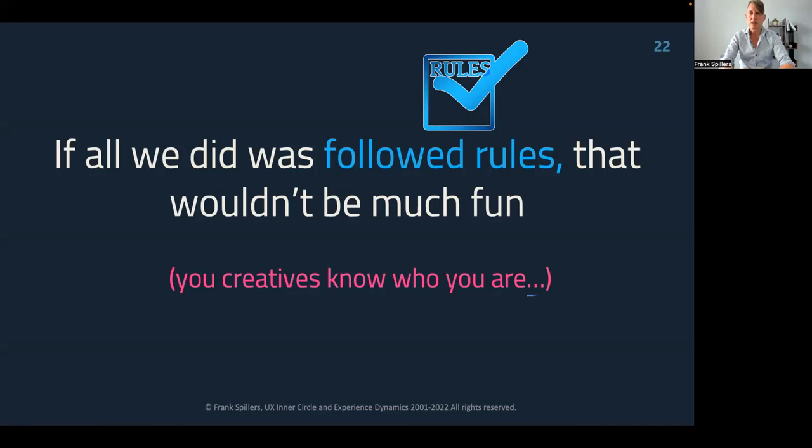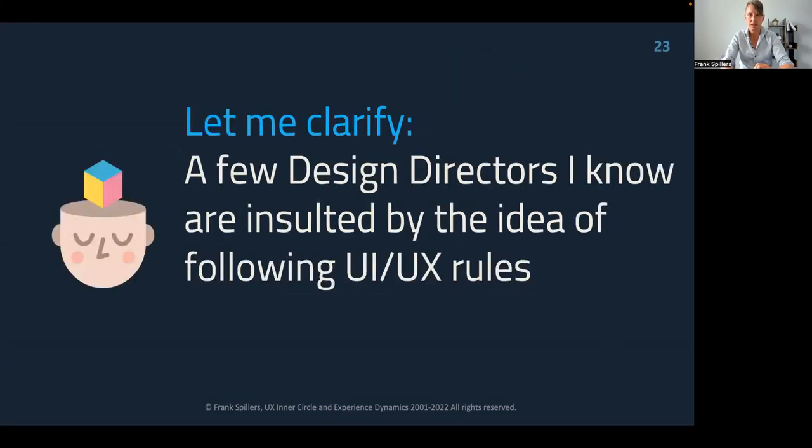So if all we did is follow the rules, that wouldn't be too much fun. And you creatives know what I'm talking about. You know who you are. Because it seems like creative folks, they're like, wow, rules? About UX rules? Nah, they're just somebody's opinion. What I mean by that last statement is that a few design directors I know are insulted by the idea of following UX UI rules.